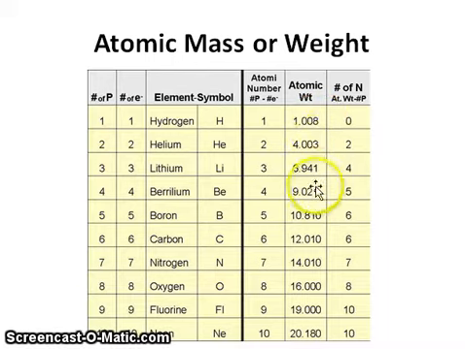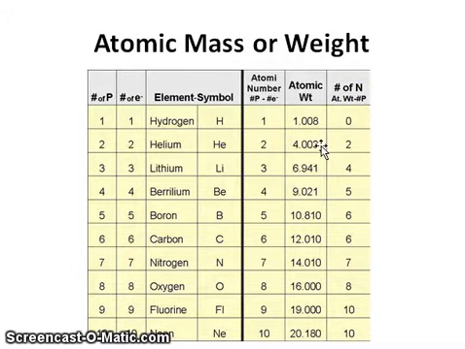So this information will always be available to you. Now, the number of neutrons in a hydrogen atom, for example, would be the difference between the atomic weight and the atomic number. So here we have a subtraction to make, so 1 minus 1 will be 0. So this hydrogen atom has 0 neutrons.